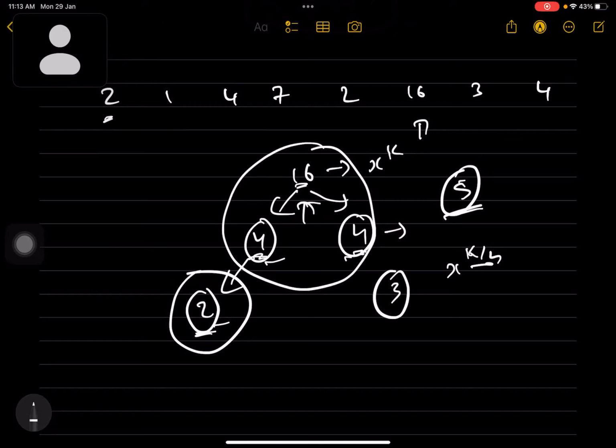So that's what we basically do. At every step, we basically fix this number as x power k, and we find the square root of that number, check if that square root of the number has at least 2 occurrences. If it has 2 occurrences, then we add those 2 into our count, and we keep going down from that, right? So initially, the count will be 1. If the square root exists and it has 2 occurrences, then the count will be incremented with 2.